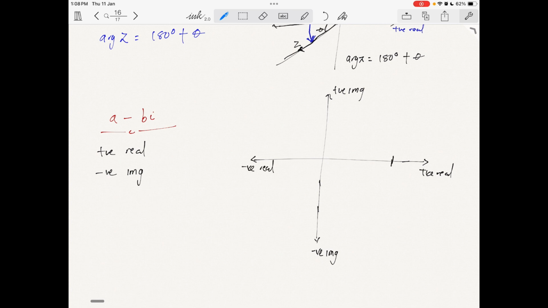So we have this to be a and we have this to be minus b, and it comes this way. And angle theta to the horizontal is, knowing that the distance from here to here is b and the distance from here to here is a.